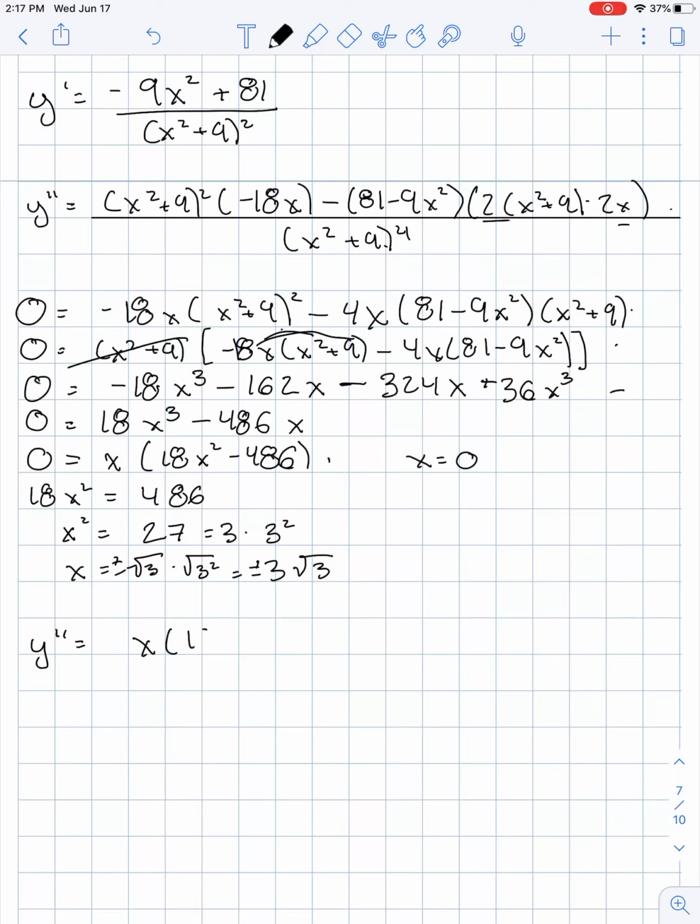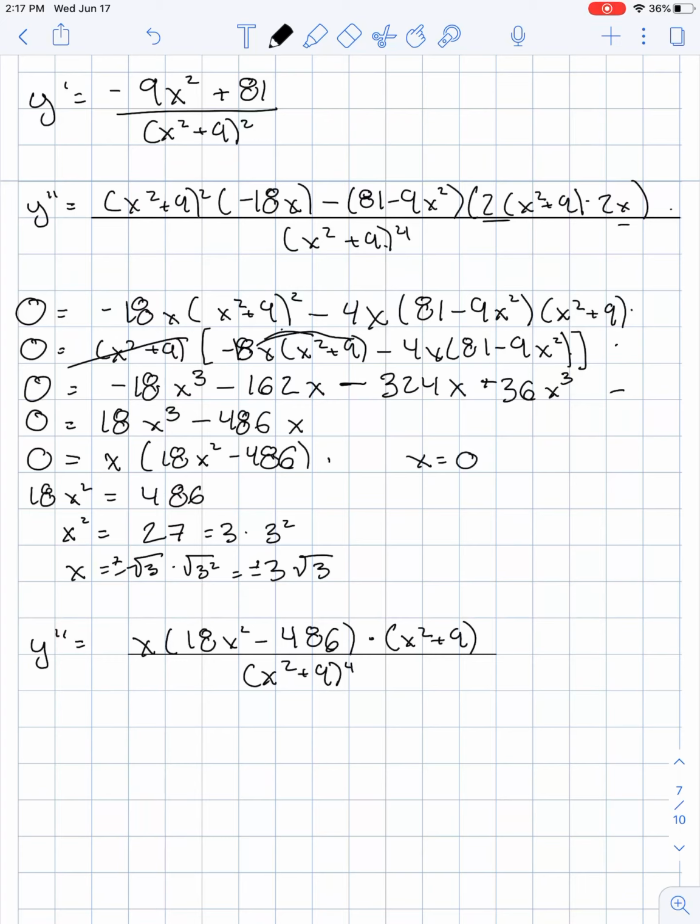So it's going to be x times 18x squared minus 486, times x squared plus 9, because I kind of got rid of that earlier, over x squared plus 9 to the 4th.